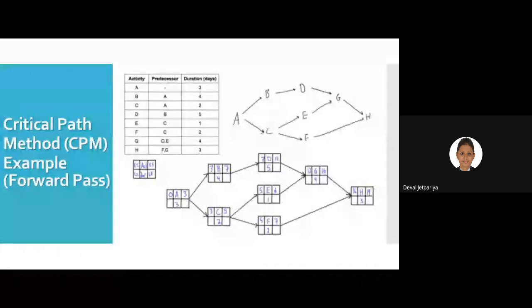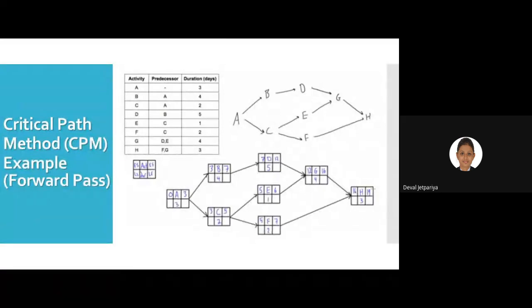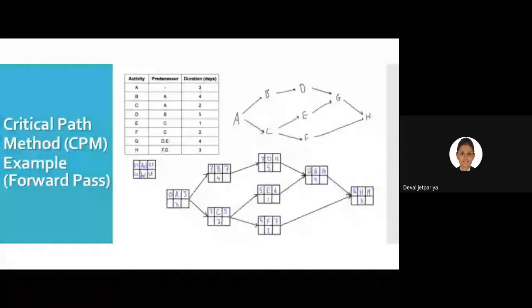Because after that you will have detail in one single table. Yes, that is why it is called the entire work breakdown process, the entire network. We have an activity network, so that we want to analyze.